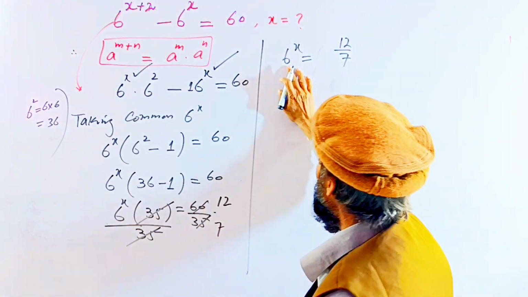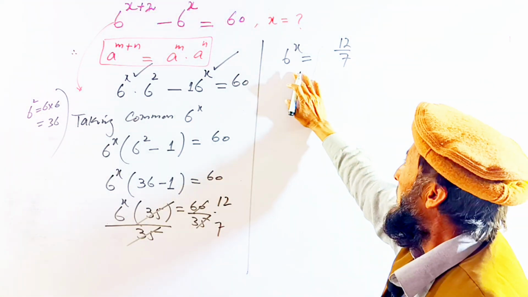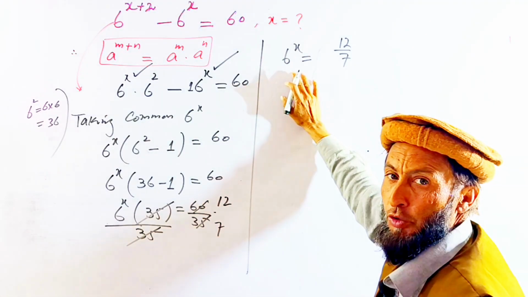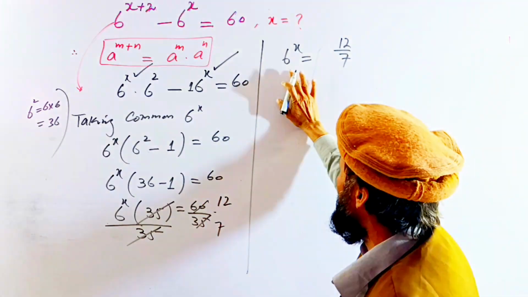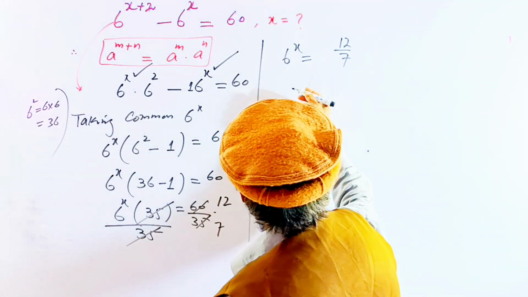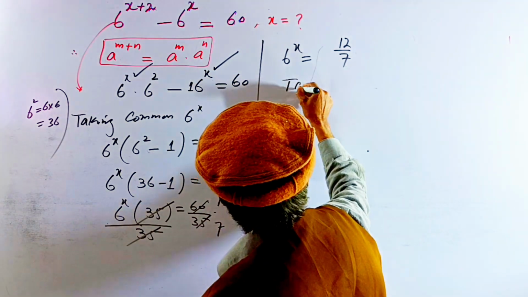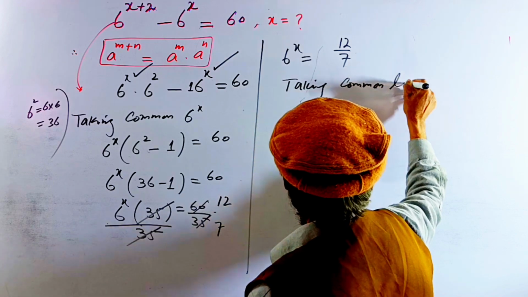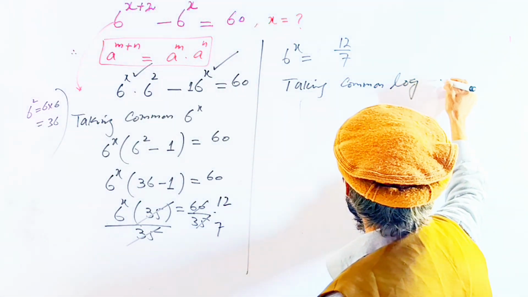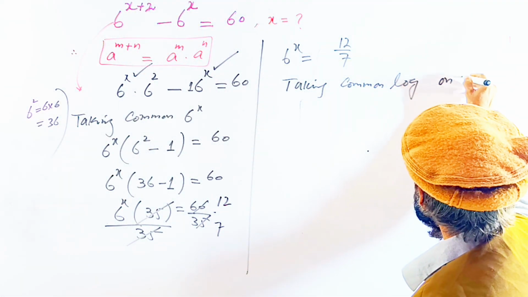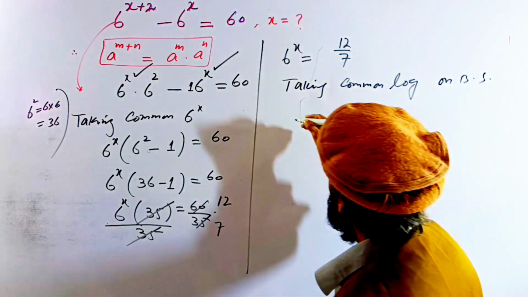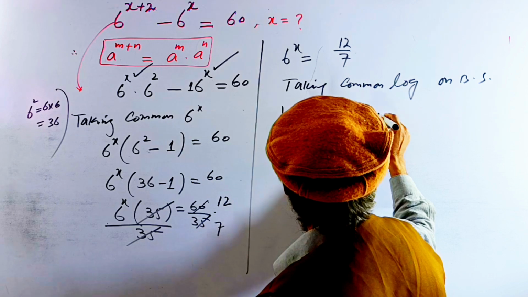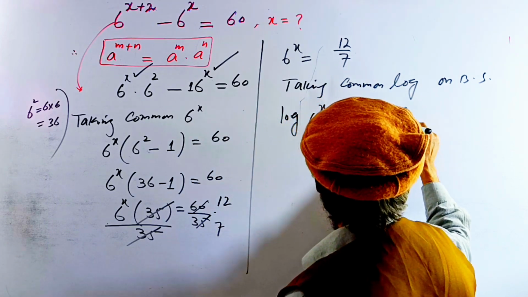Here we cannot use the natural logarithm, but we use the common logarithm because the constant is here and the base. So taking common log on both sides, log of 6 power x is equal to log of 12 over 7.